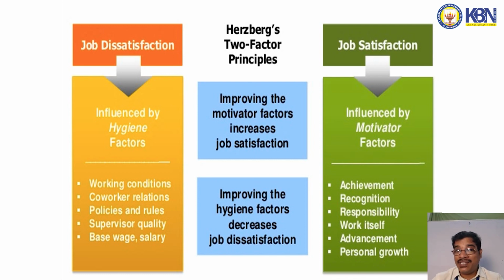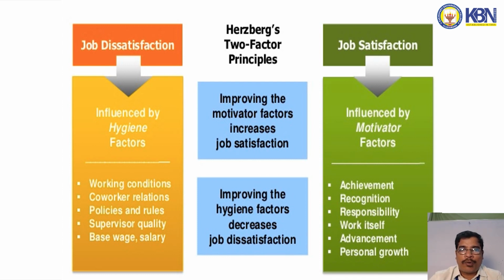Suppose these factors are not there, if these factors are not going well, Herzberg has classified these factors as hygiene factors. What makes them job dissatisfied is if there are no proper good working conditions. That helps an individual to get job dissatisfied.